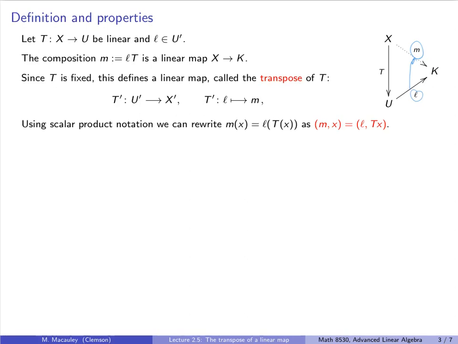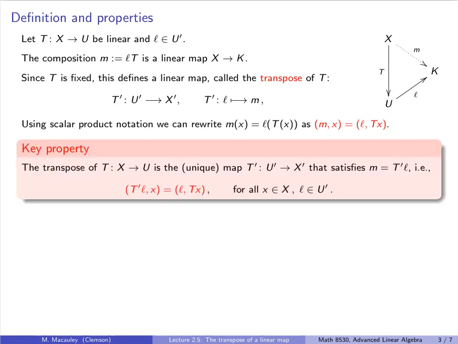So instead of writing M of x, which is just L of T of x, we can write that as M comma x, which is L comma Tx. I'll still say M of x and L of Tx, but as we'll see shortly, it helps to write it in this form. Let me show you why.